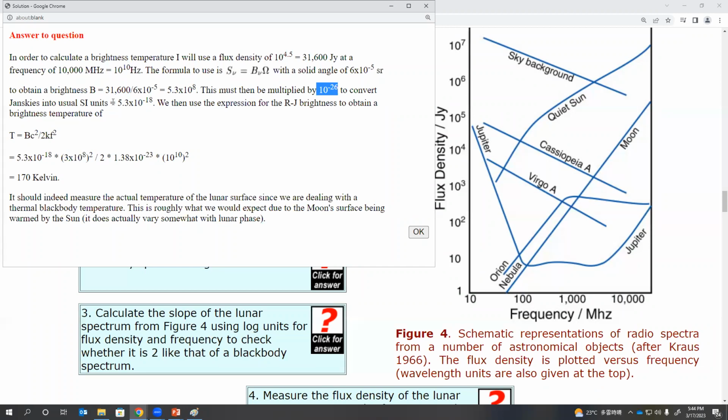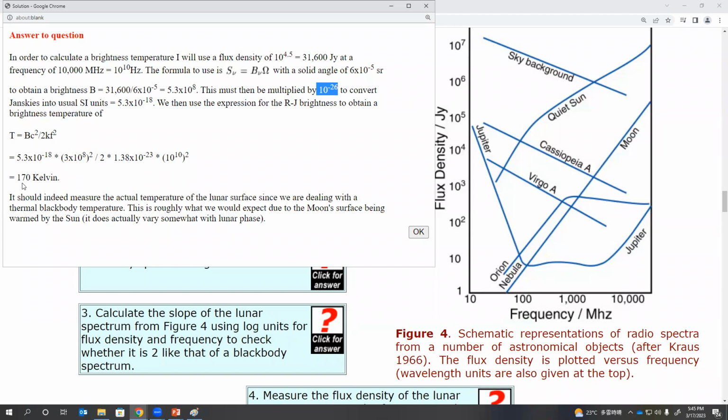If you plug it back, you will get the SI units, watts, and you put it back into this equation for B, where c is a constant, and k is also known, and the frequency corresponds to 10 to the power 10, all squared.